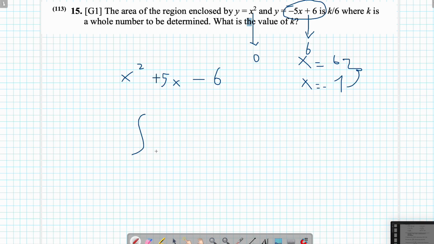So from negative 1 to 6, you're gonna do in parentheses negative 5x plus 6 minus x squared and then you're gonna get 343 over 6, which is the answer.